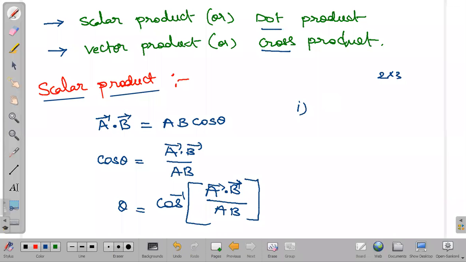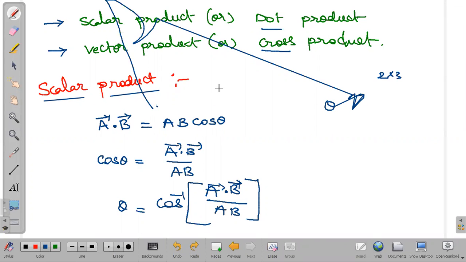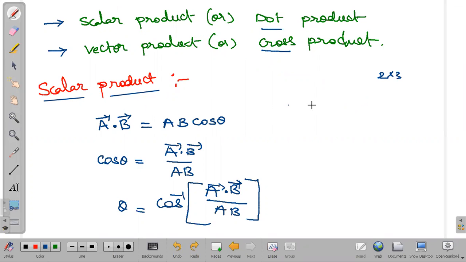If theta is less than 90 degrees, that means the angle between the two given vectors is acute, then the scalar product of the given two vectors is positive. We will get a positive value for the multiplication.